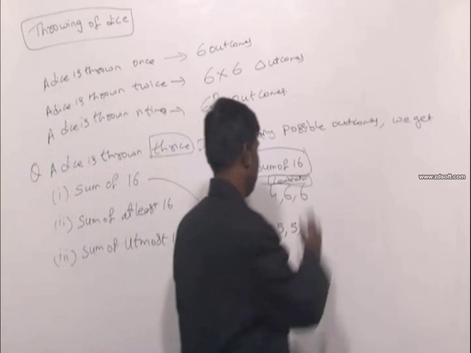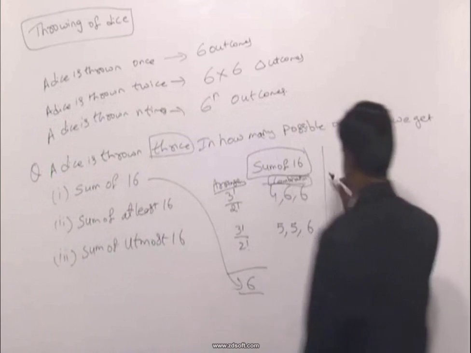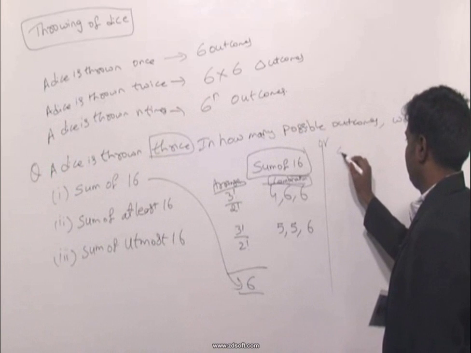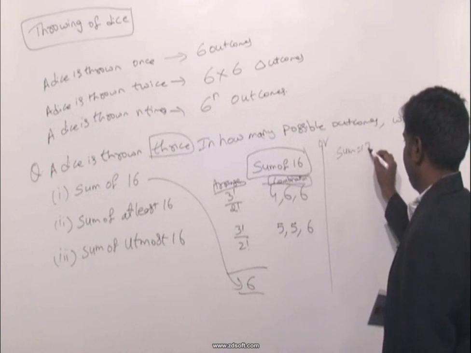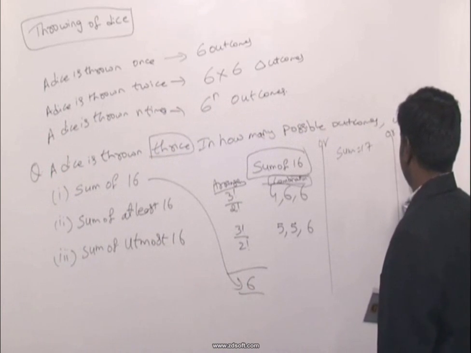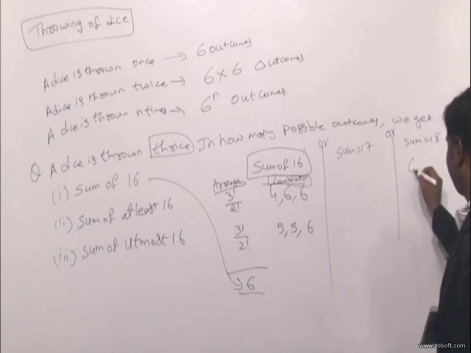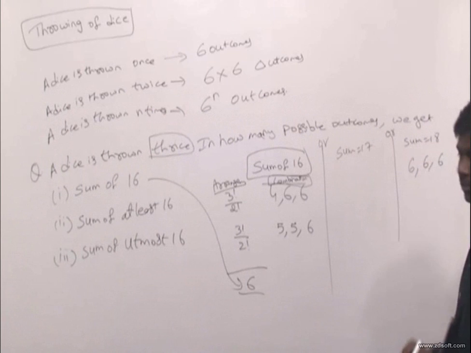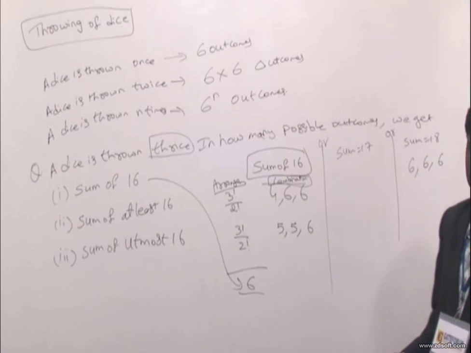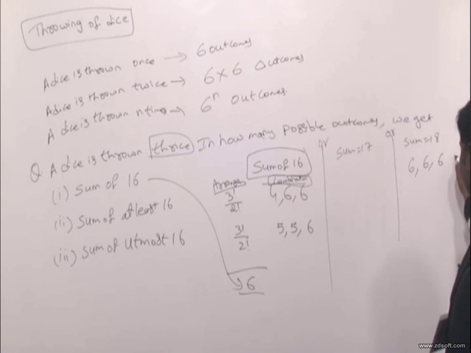Coming to sum of at least 16. For sum of at least 16, sum of 16 is a possibility, or sum 17, or sum 18. For sum 18, it is 6 6 6, right? Combination. So in how many ways you can consider? 3 factorial by 3 factorial, or just one way.